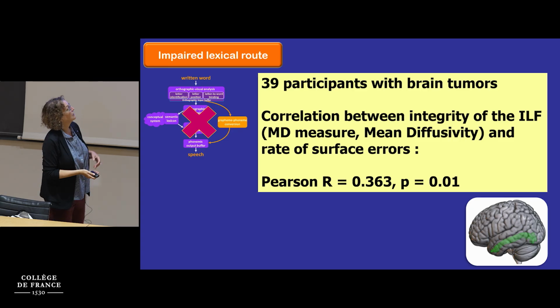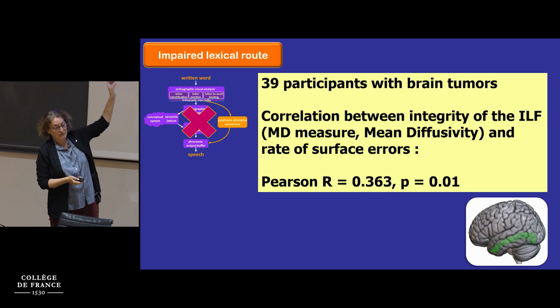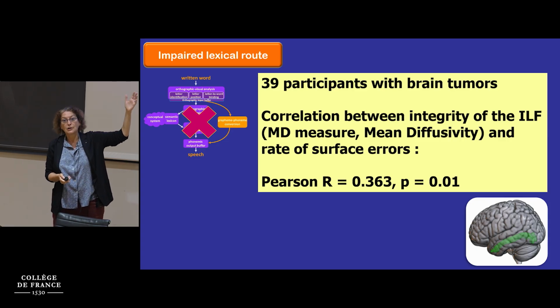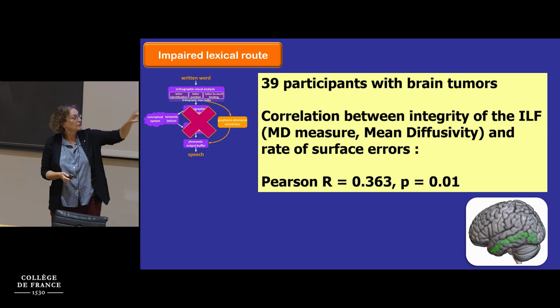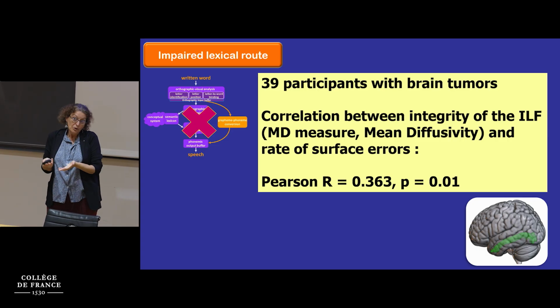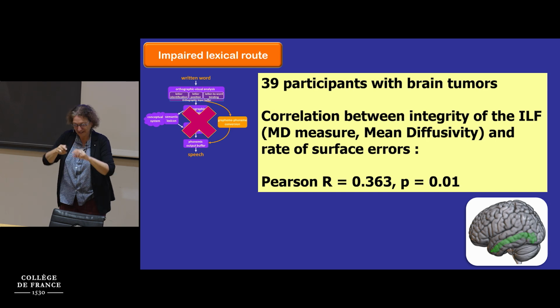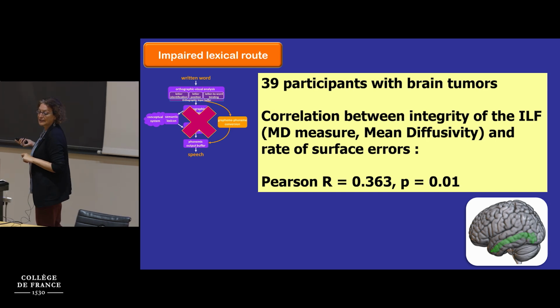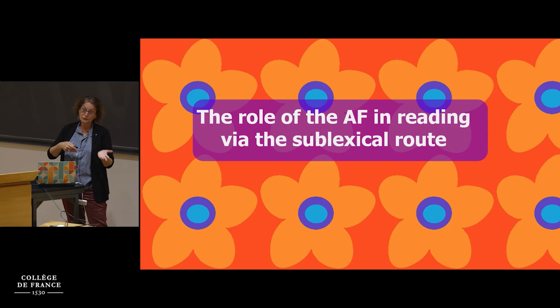And what we find is a very clear correlation between mean diffusivity, a measure of the white matter tract, and surface errors, so errors like walk and stomach, in the ILF, this green white matter tract. Okay? So we might have identified the lexical route in the cables that connect cortical areas in the brain. Now we did the same thing for the other route.